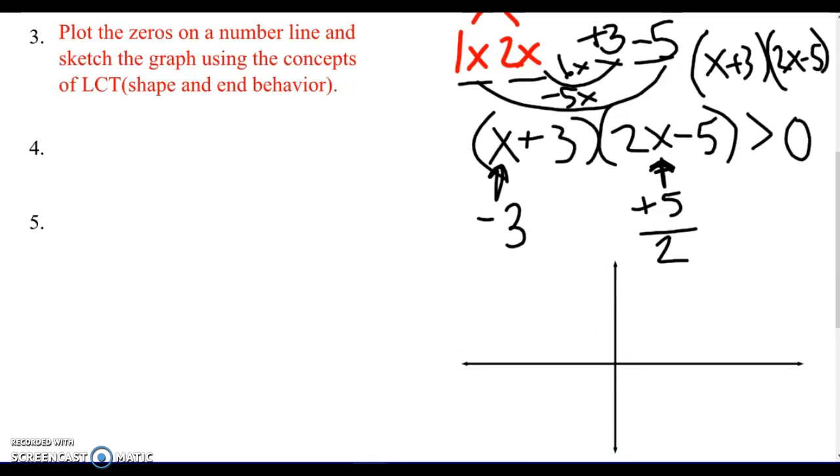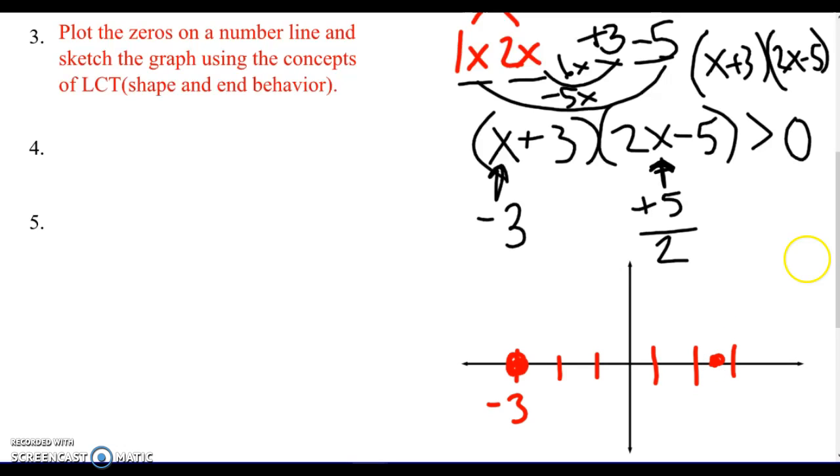That's not technically a number line, it's a coordinate plane. I'm going to go 1, 2, negative 3. Here's negative 3, and I'm going to put my 0 there. Then I also have a 0 at 1, 2, 3. 5/2 is about 2.5.